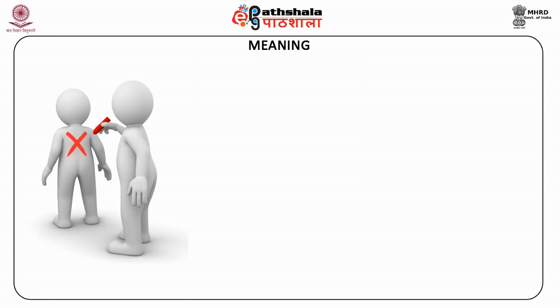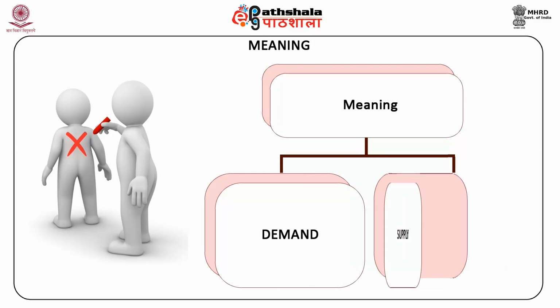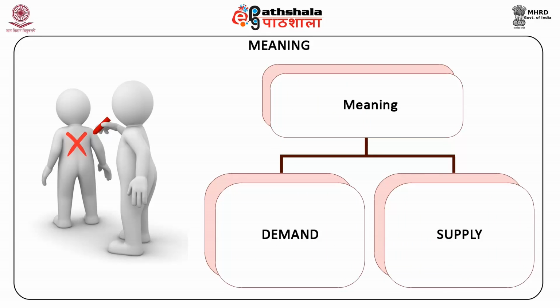Under the meaning of demand analysis, we will talk about the meaning of demand and supply. Demand analysis is majorly based on quantity and price, which are further dependent on a wide spectrum of factors. Quantity depends on supply of raw material, technology available, government policy, environment factors, demand of finished product or service.